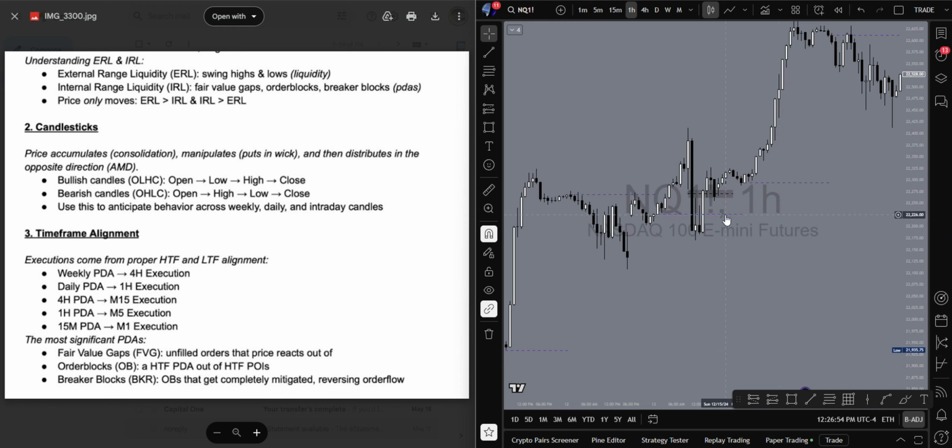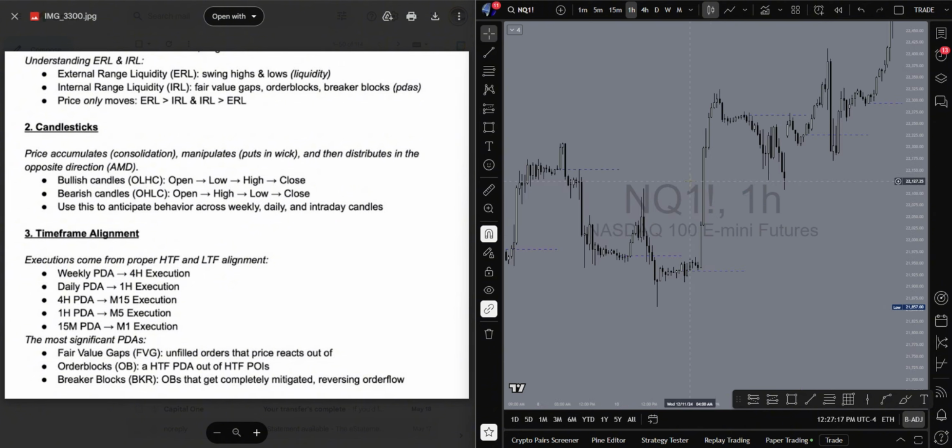So, close enough: bullish fair value gap right here, and then we have a bearish fair value gap right here. As long as they still overlap each other, this is still a magnet for where price will end up sweeping.